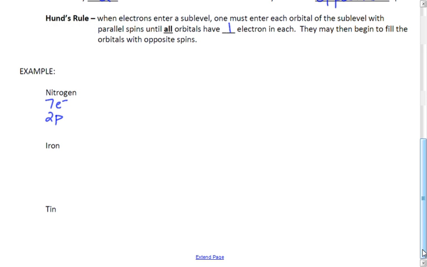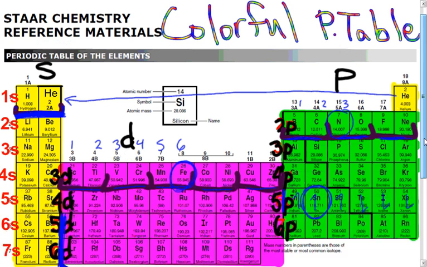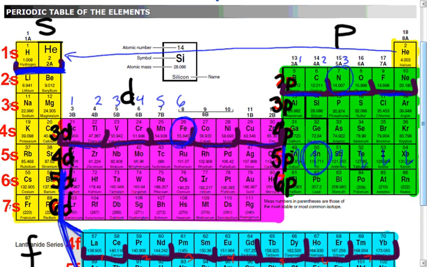If we start at that first row, what sublevels do we have in row 1? 1s. If you don't really remember how many little orbitals we're going to draw, how many do we have for S? 1. For P, we're going to have 3. For D, how many? 5.